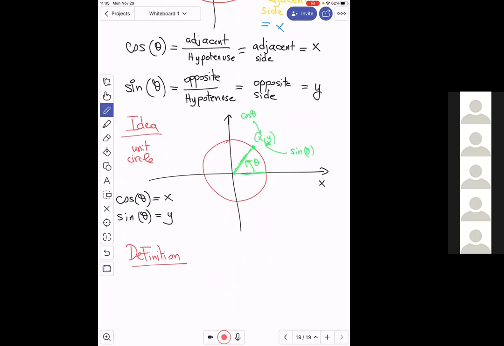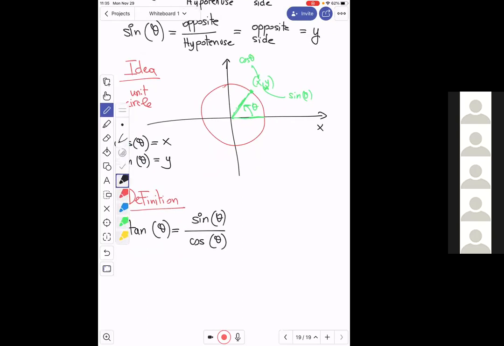Now next, for tangent. Once we have the definition of cosine and sine, you can define the tangent of the angle theta. It's actually sine over cosine. And the reciprocal, cosine over sine, that's the cotangent. So cotangent is the reciprocal of tangent.